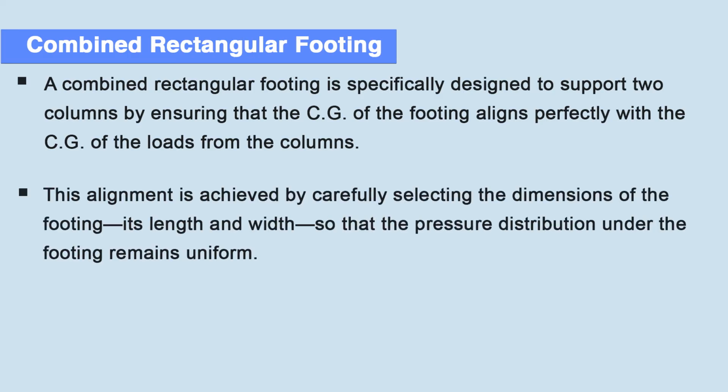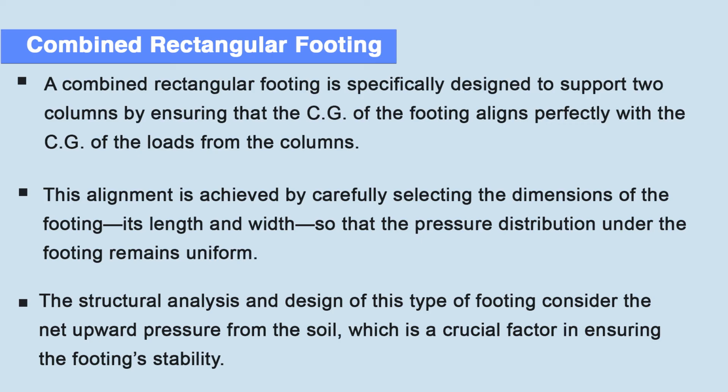This alignment is achieved by carefully selecting the dimensions of the footing, its length and width, so that the pressure distribution under the footing remains uniform. The structural analysis and design of this type of footing consider the net upward pressure from the soil, which is a crucial factor in ensuring the footing's stability.